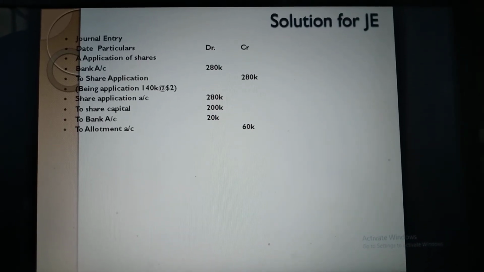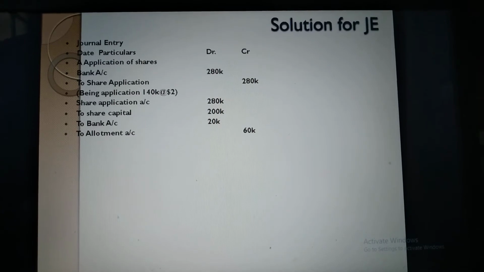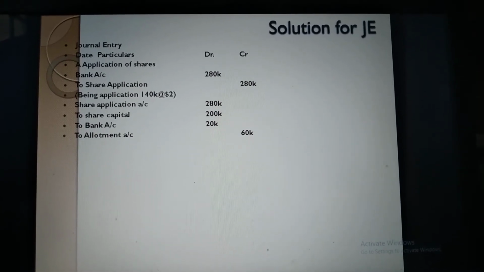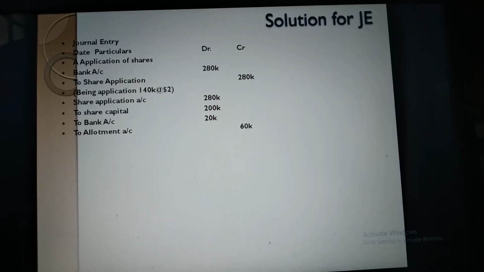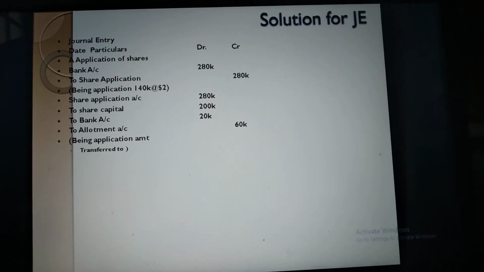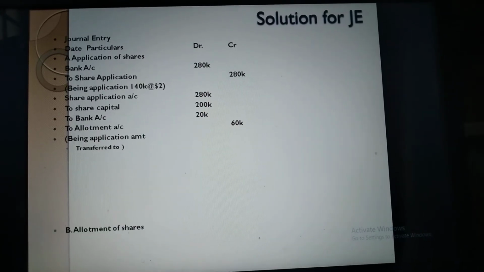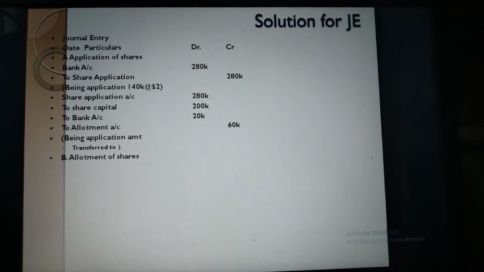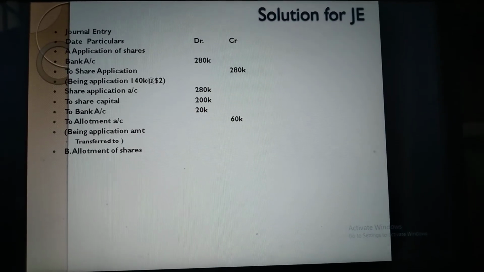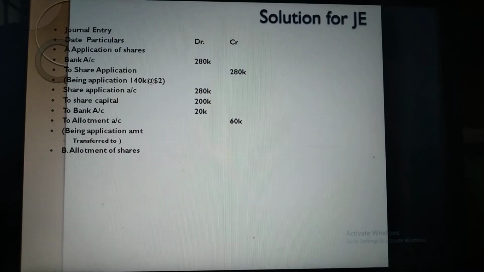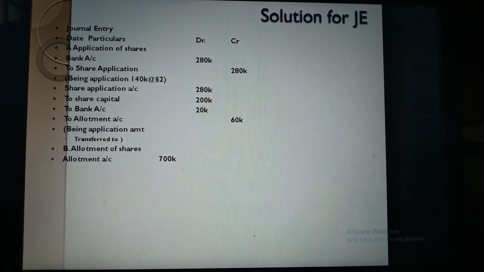You credit 200,000 to share capital, bank account you credit 20,000, and allotment account you credit 60,000. Being amount transferred.